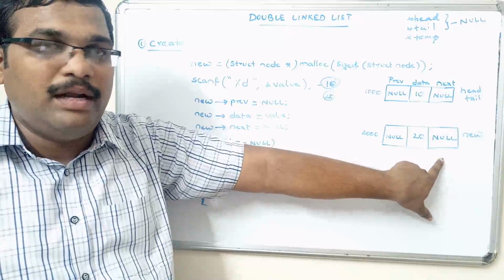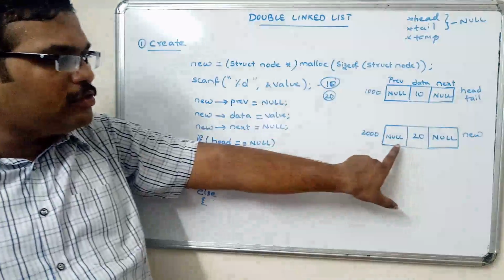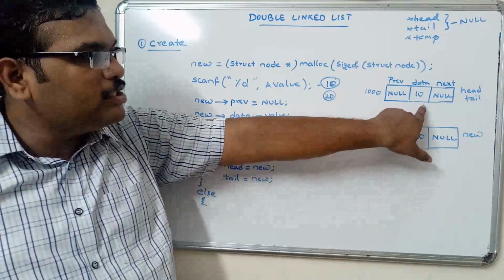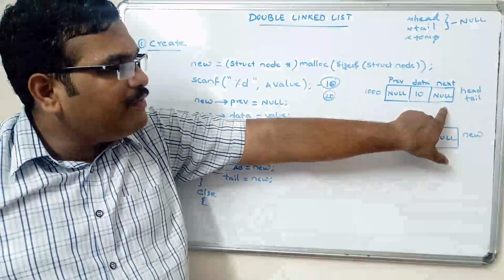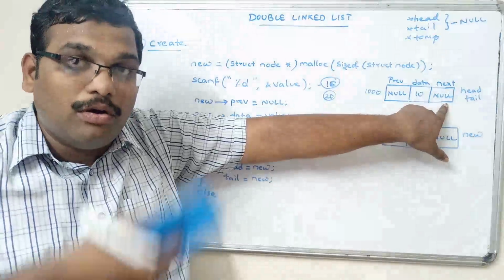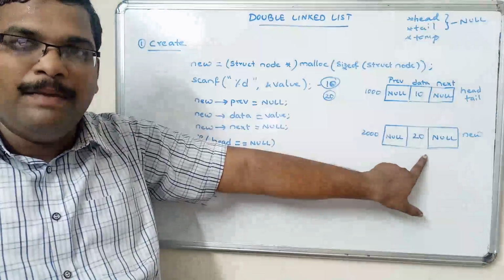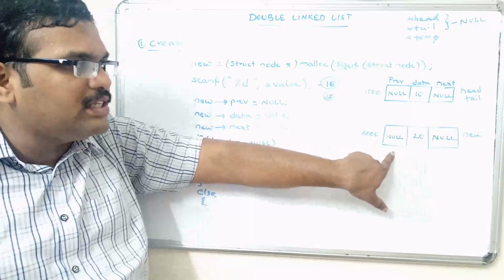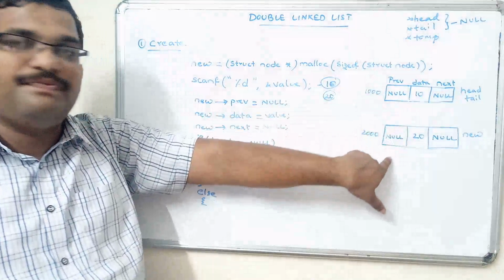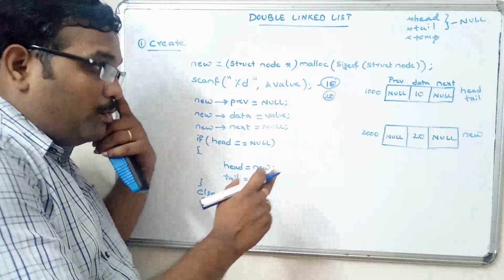Hope you understood, right? This should not be null and this should not be null, because this is not a single element, it is having the second element. So the first element has to store the address of the second element, and the second element should hold the address of the first element in the previous field. We have to do that.